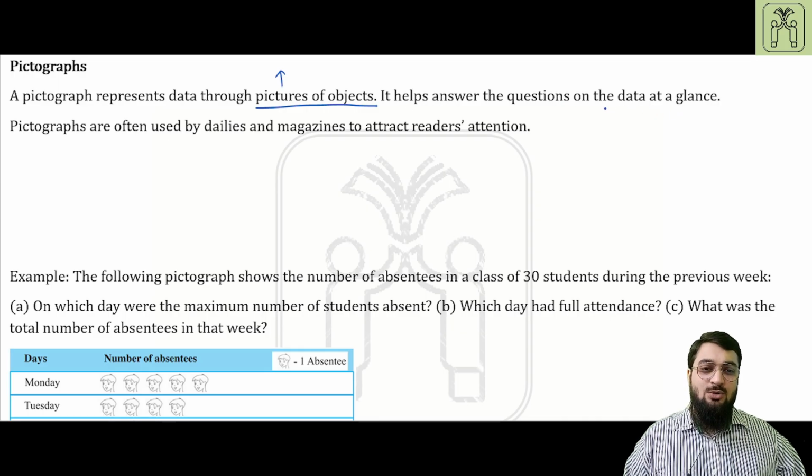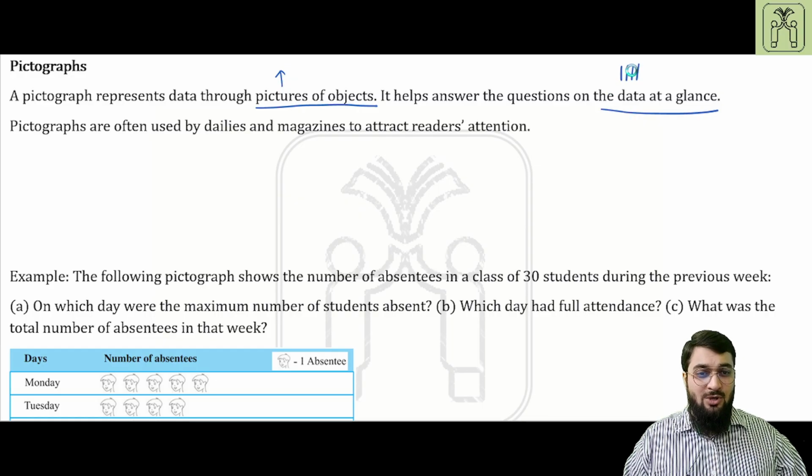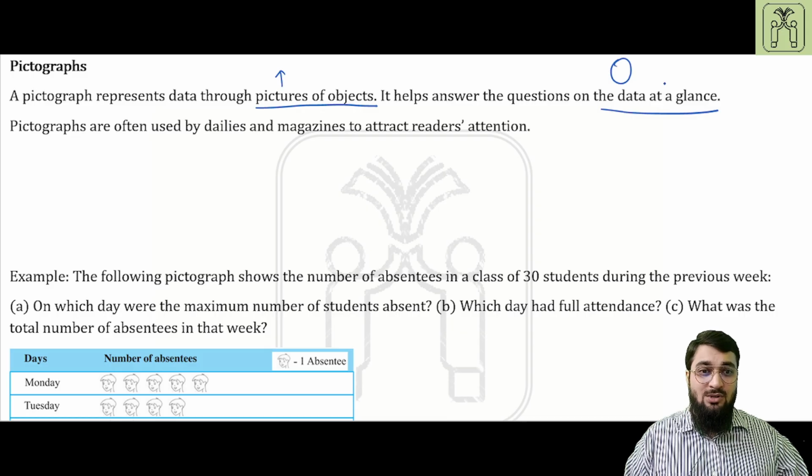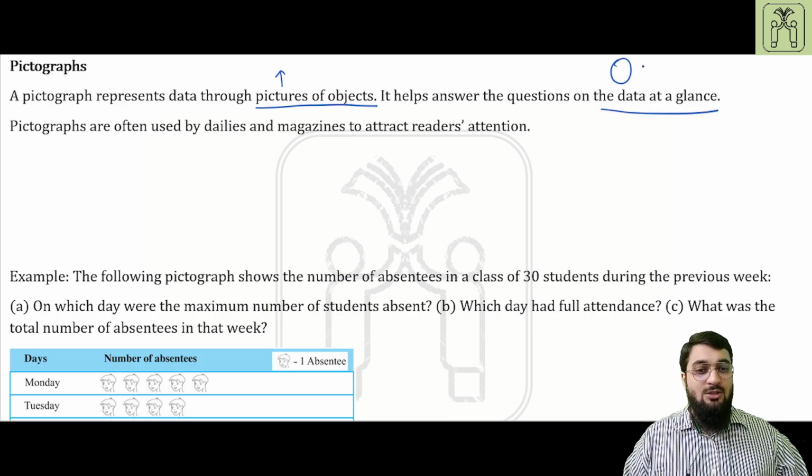It is similar to tabular data, other than the tally sticks which we use to organize data in the tabular data. We use symbols, smileys, emoticons, pictures or images related to that object or the choices, and that makes it much easier and more attractive to view.